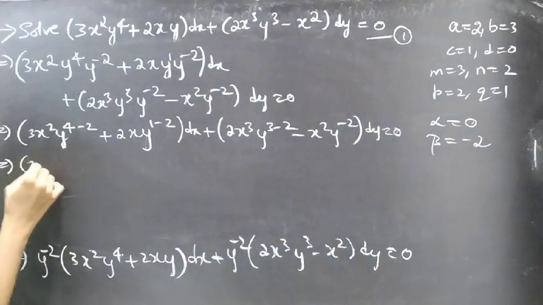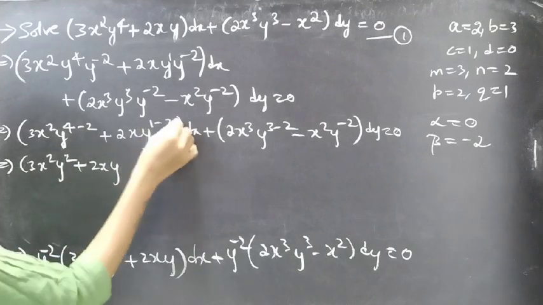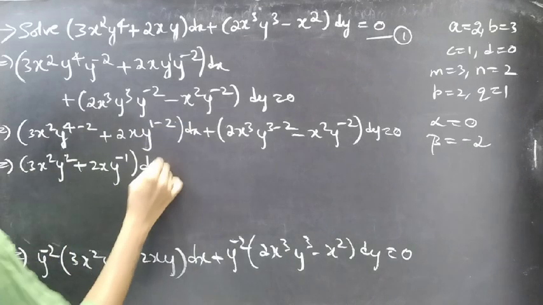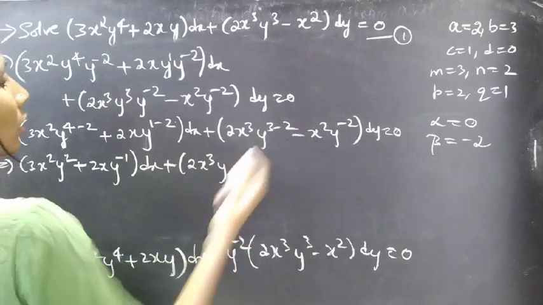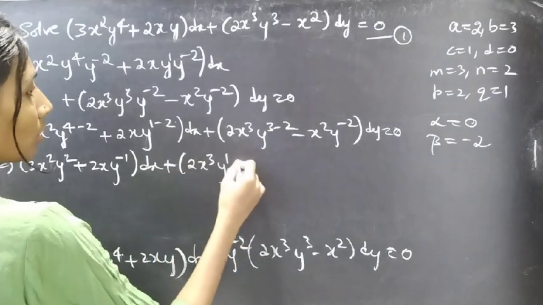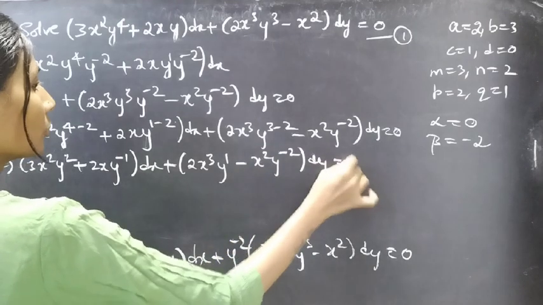And this you'll get 3x square y square plus 2x y power 1 minus 2 is minus 1 into dx plus 2x cube y power 3 minus 2 is 1 minus x square y power minus 2 into dy equal to 0.